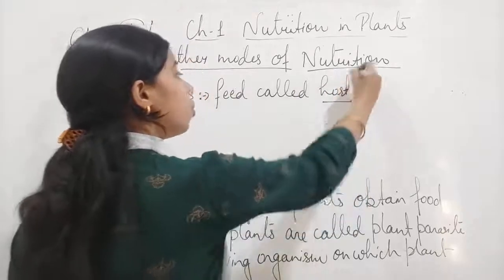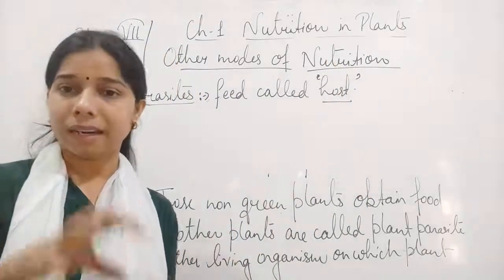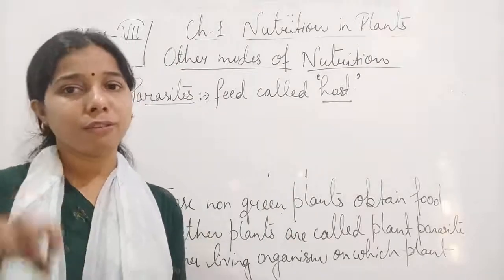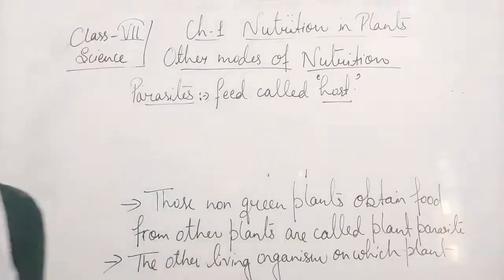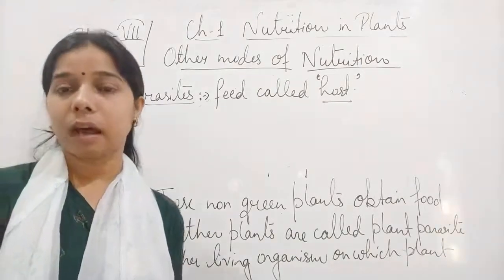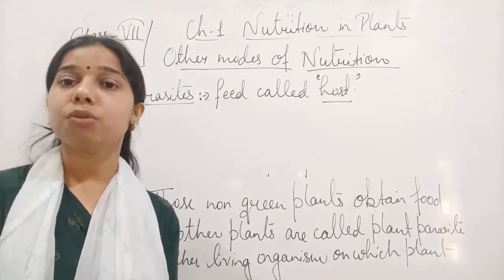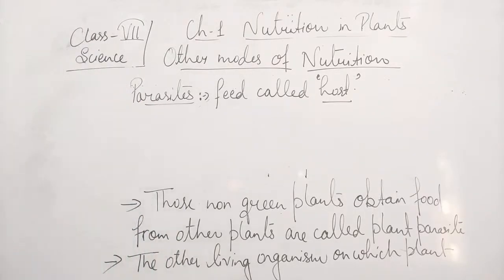So what is a host? On which the other organism used to attack or used to take the food from it, that is called as the host, student. So even in the plants also there are parasites, plant parasite or simply parasite, which used to obtain food from the other plant. Okay.